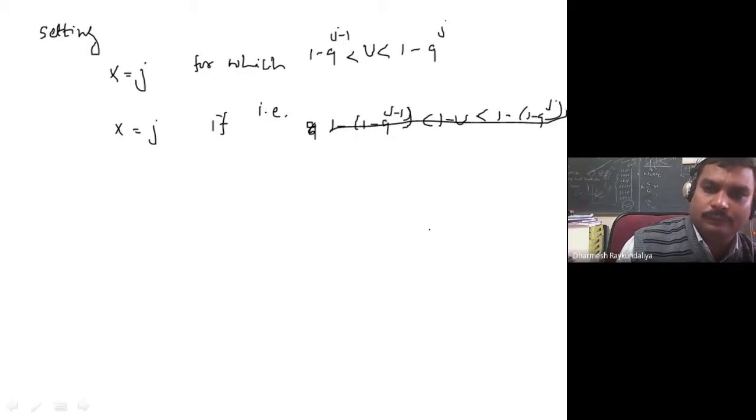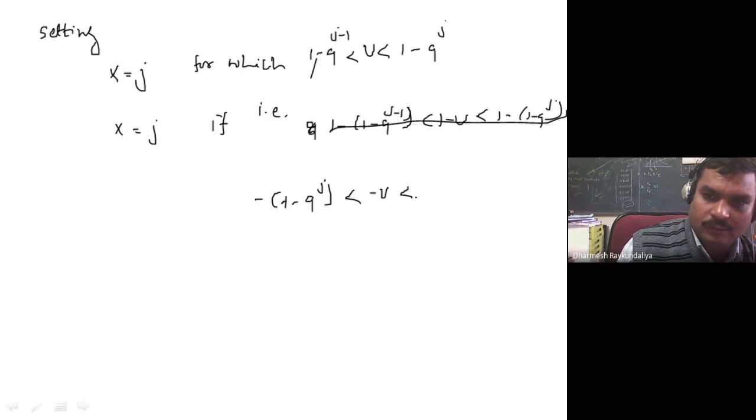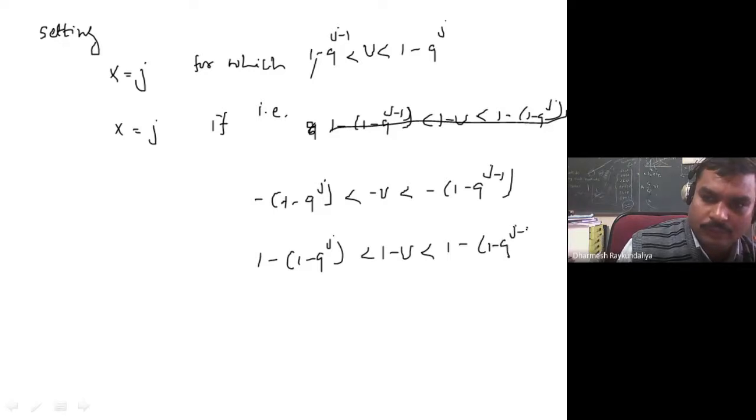So what we do? We first pre-multiply this by the minus. When you apply the minus sign, the quantity is reversed. So it is minus 1 minus q raised to j less than minus u less than minus 1 minus q raised to j minus 1. Now subtract this quantity from 1: 1 minus q raised to j less than 1 minus u less than 1 minus q raised to j minus 1.